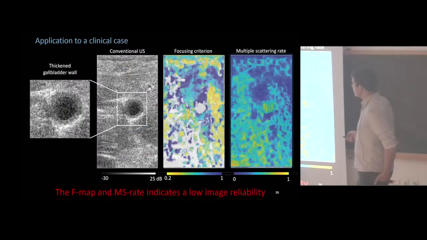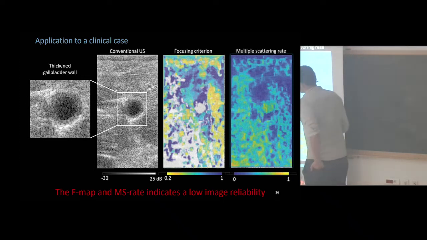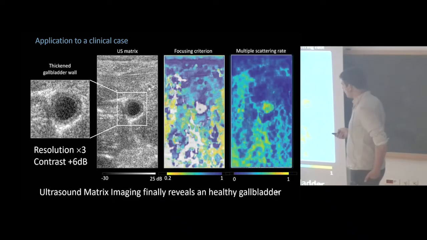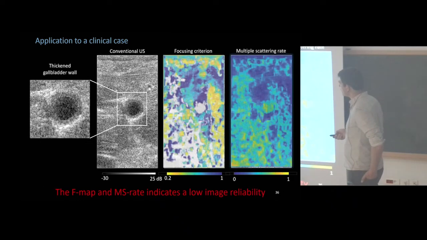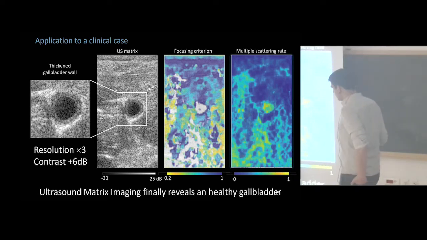So in terms of imaging, this was the initial image. So you remember you have the thickened wall of the gallbladder that we could think about as inflammation of this gallbladder because you have the thickened wall, and once you compensate for the aberrations, so I just move the movie, you now have a perfectly shaped gallbladder, so it's important for the diagnosis.